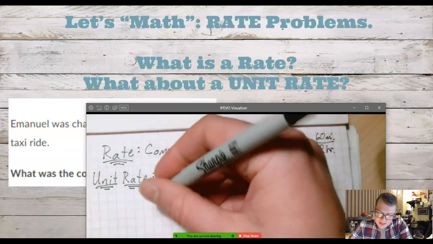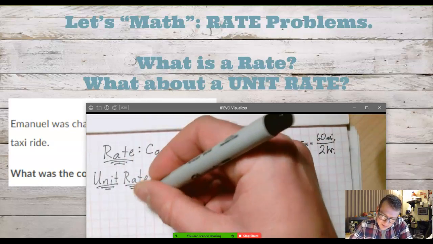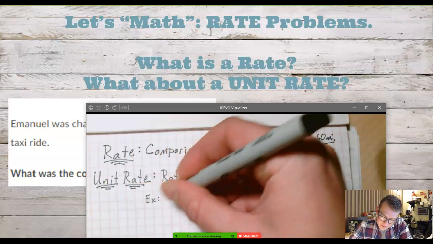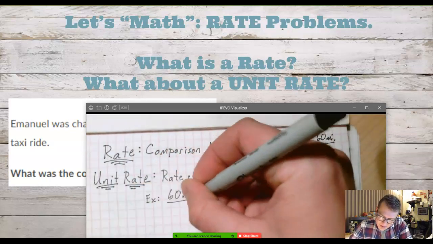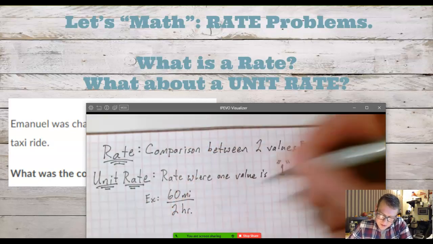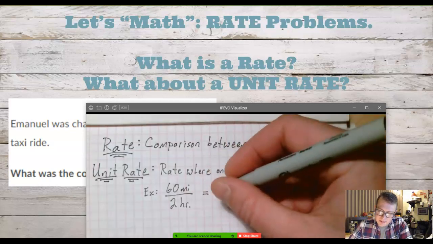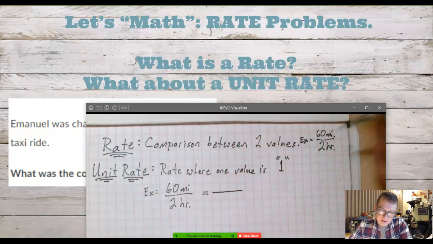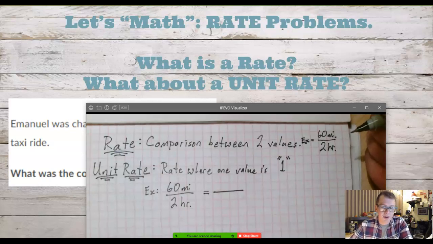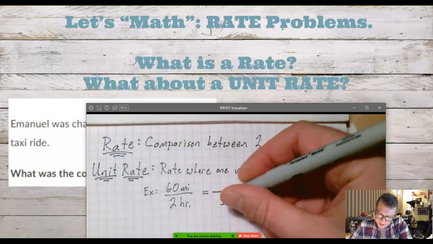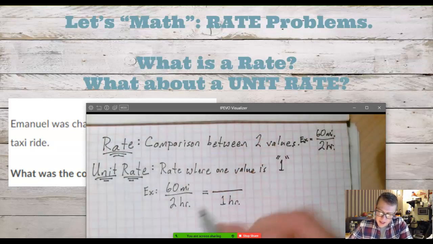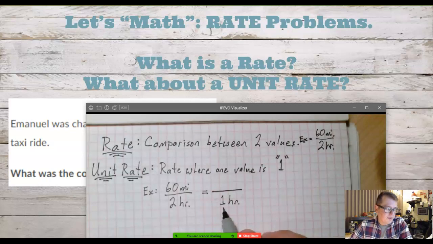If we had 60 miles in 2 hours, how do we get this to speed? Aiden, you said speed is miles per... miles per 1 hour, right? So we should have 1 hour on the bottom. How do I turn 2 into a 1?